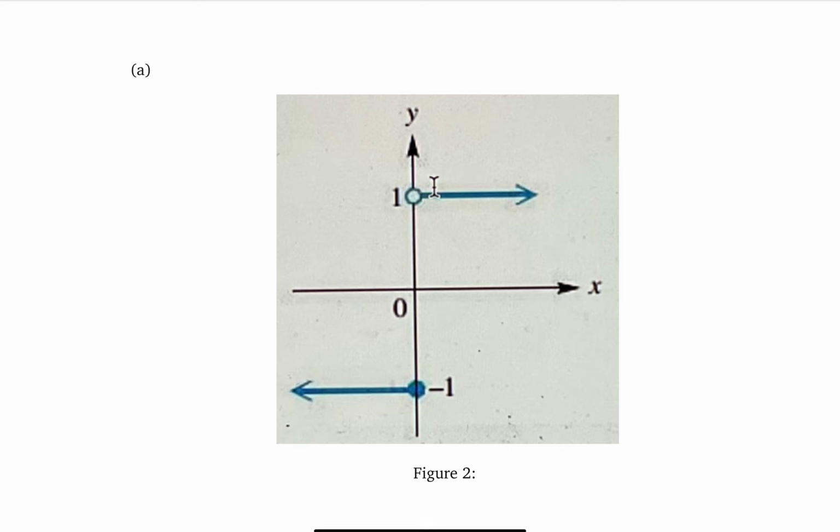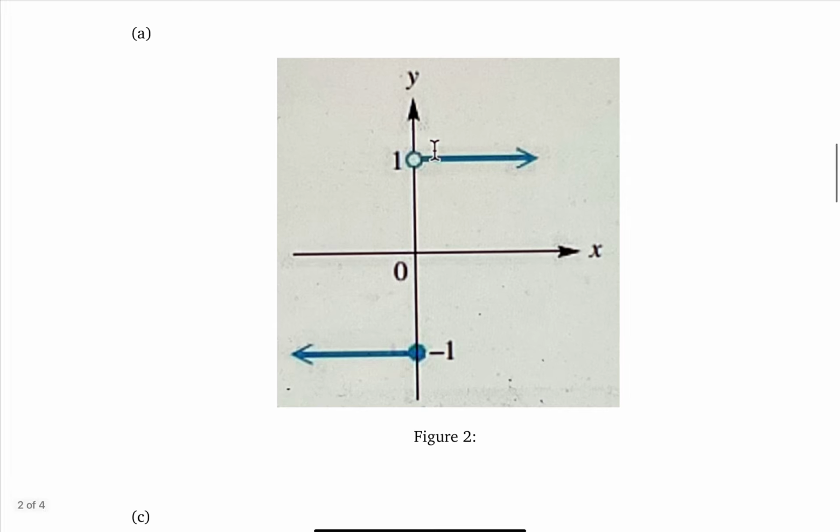If you look at this side, if x is negative, since here x is negative and you have a solid circle, then there is an equal sign to 0. That's why you have an equal sign here, because you have a solid circle.